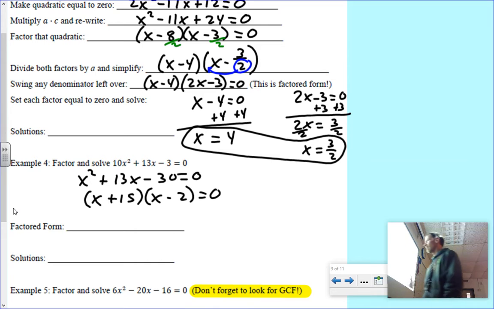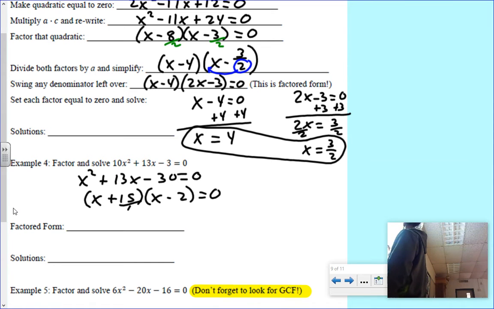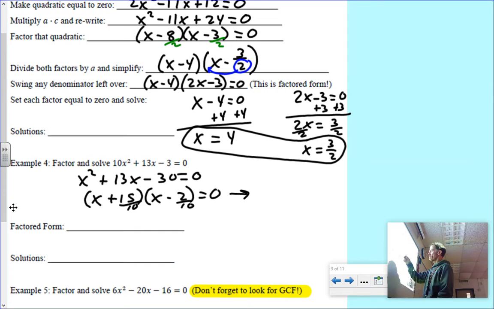It's awfully easy on this one to pick factors 10 and 3, but that does not work for what you have to have it equal to. Then we go back in and divide both of them by 10. Simplify. 15 over 10 is 3 over 2. 2 over 10 is 1 over 5.